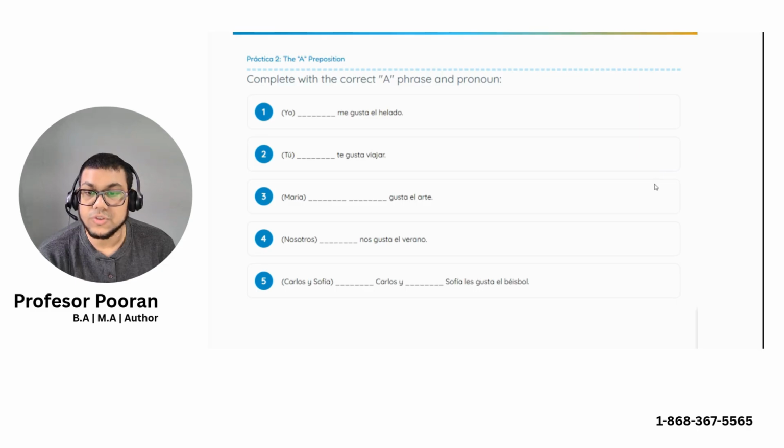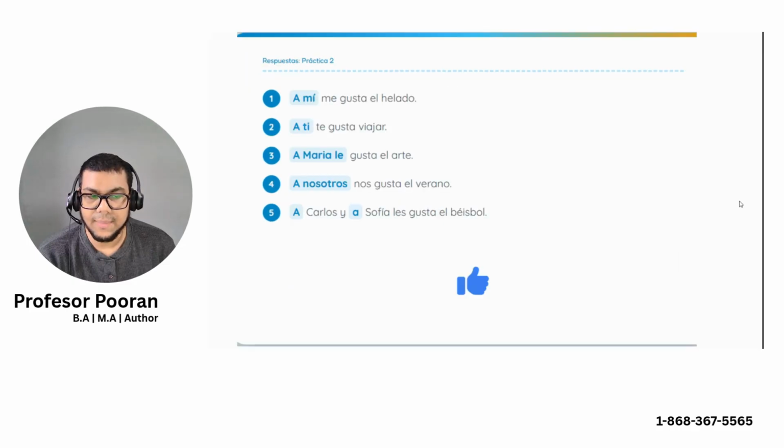Number four, a nosotros nos gusta el verano. Number five, a Carlos y a Sofía les gusta el béisbol. So again, a mí me gusta el helado, a ti te gusta viajar, a María le gusta el arte, a nosotros nos gusta el verano y a Carlos y a Sofía les gusta el béisbol.